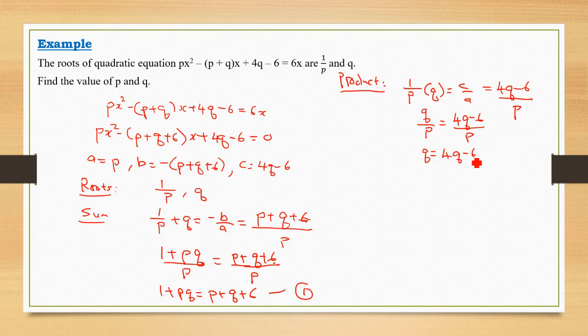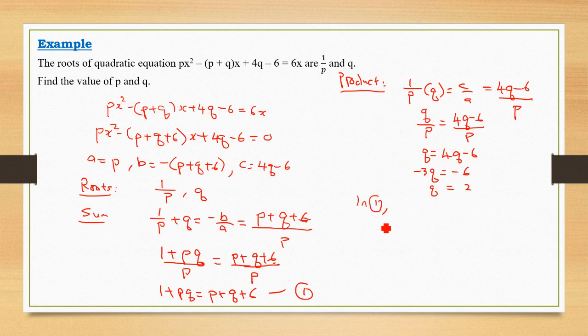Okay, so with this, you can see there's only one unknown. I can solve this, find out my Q, then substitute into equation 1. So from here, what I get is negative 3Q equals to negative 6. So Q is 2. Substitute this value into 1.